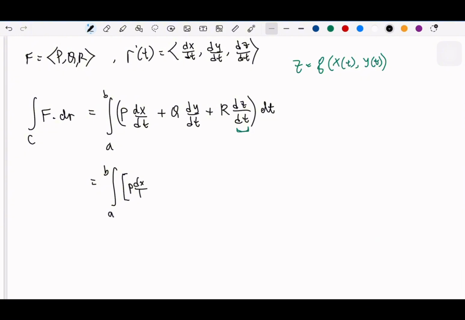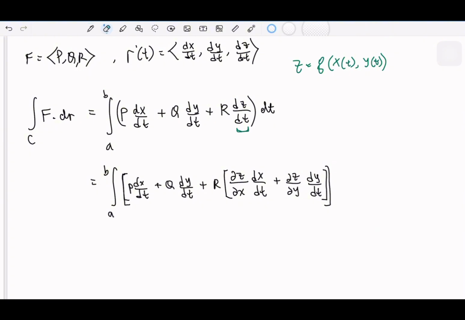Let me write that part one more time. And for this one, we take another chain rule to connect it with x and y, because they are a function of two variables. And then this will be dt.